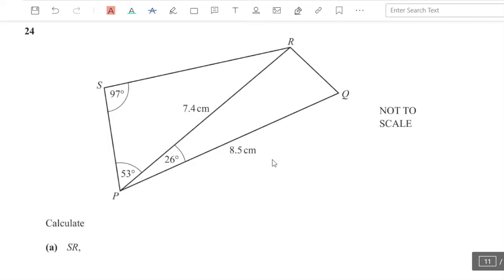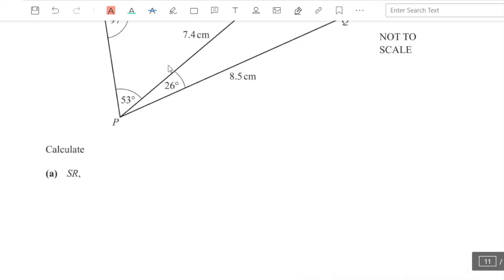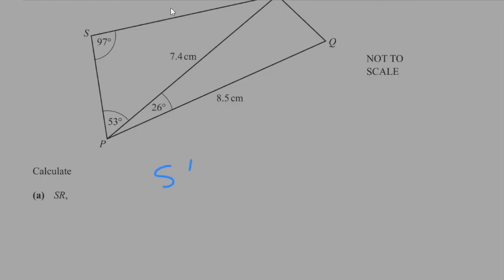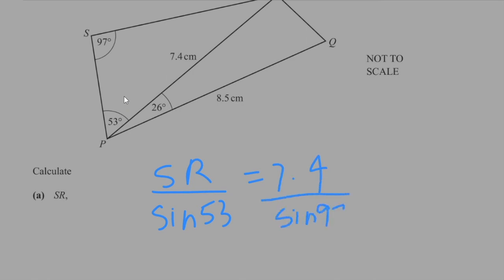Question number 24. Calculate ASR. So here I'm going to be using the sine rule, which means SR divided by the sine of the opposite angle. This is the side SR, and it has the opposite angle as 53. So SR divided by sine 53 is equal to 7.4 divided by its opposite angle, which is sine 97.